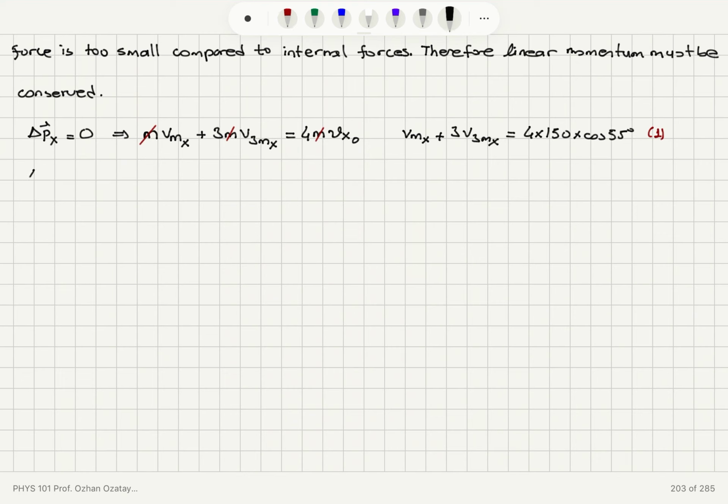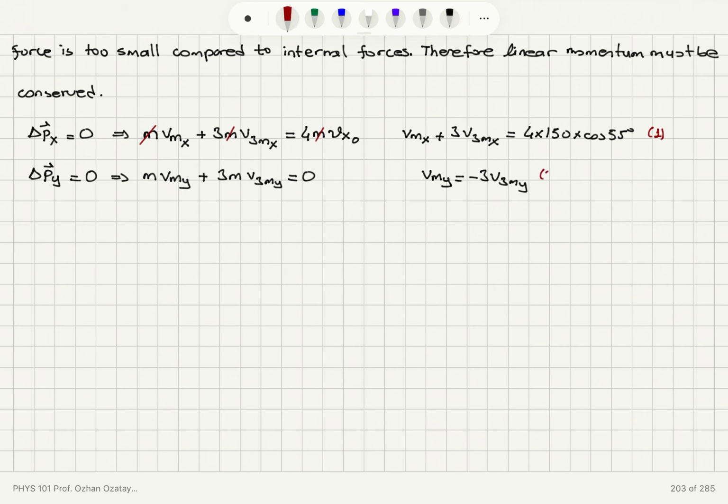The conservation of linear momentum on the y-axis, delta py is equal to 0, gives us m times vmy plus 3m times v3my is equal to 0. So this tells us that vmy is equal to minus 3 v3my.